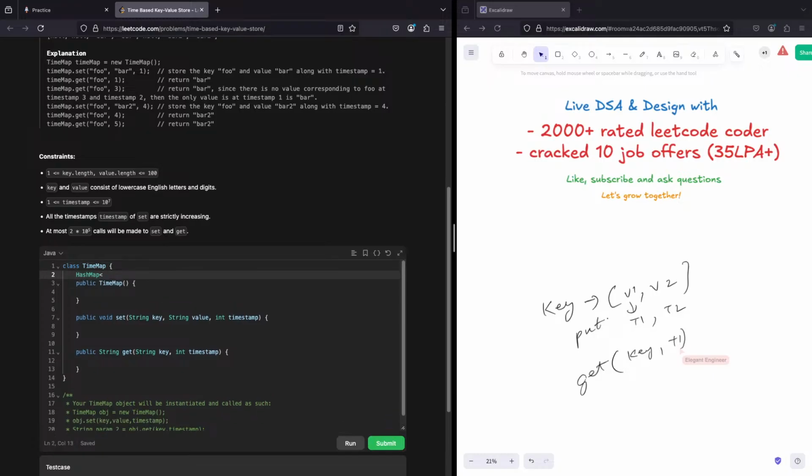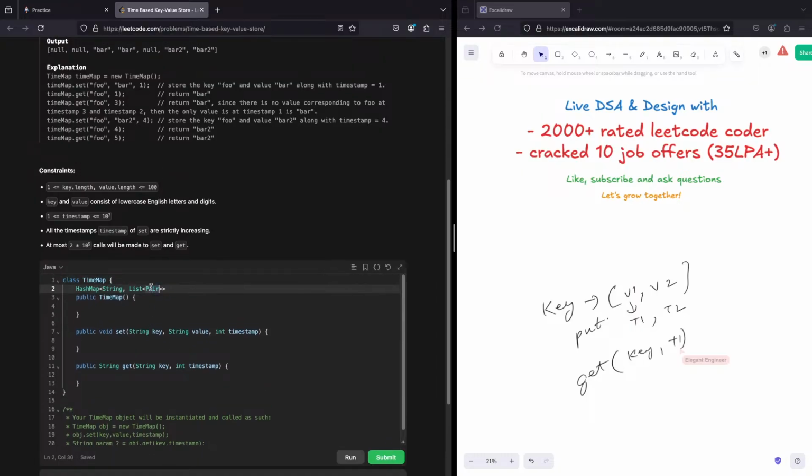this is like a hash map of string, and then you have a string and its value, right? Value will have two things.